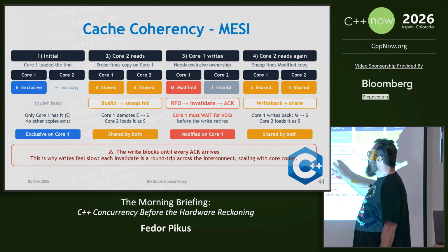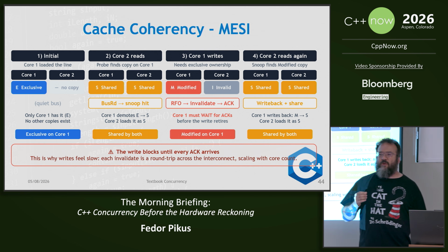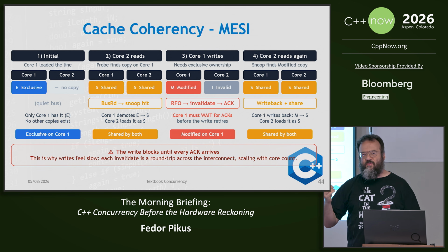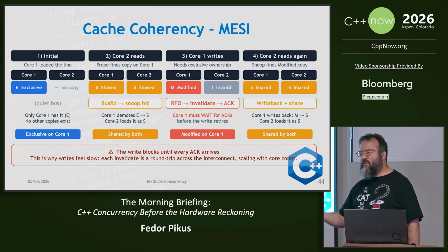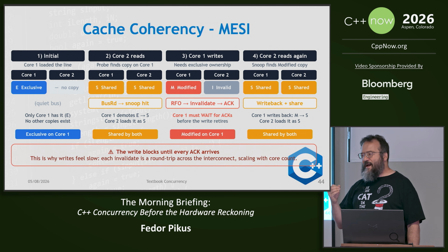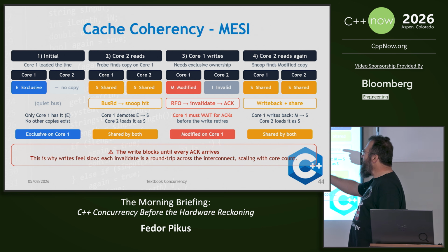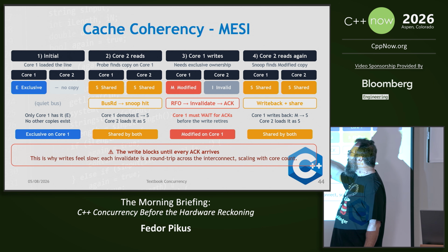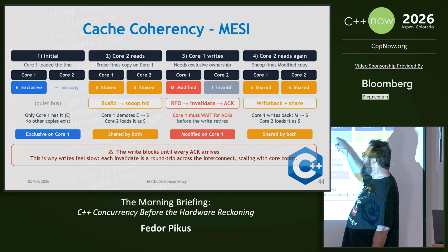The way it's done is with something called read for ownership. So writes actually include this hidden, invisible read. You do an extra read, but it's called read for ownership. You don't just do a read. You say I want a read and I want it exclusive. That read for ownership sends a request to all other cores.